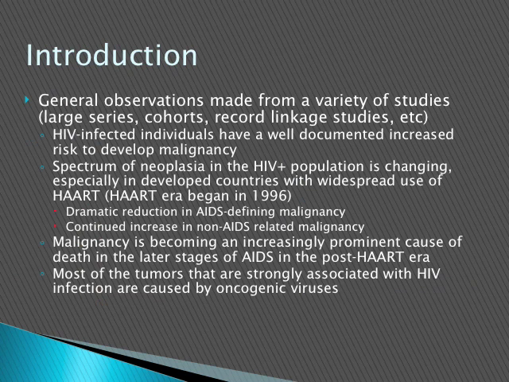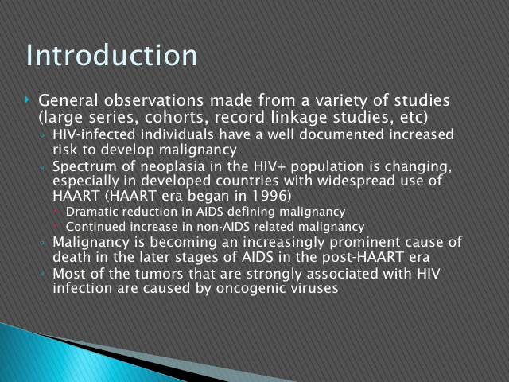So general observations we've been able to make from all of these studies. Well, number one, we know that HIV-infected individuals have a well-documented increased risk to develop malignancy. More importantly now is that the spectrum of cancer is changing, and that's thought to be because of the use of antiretroviral therapy. When I talk about the HAART era, that actually started in 1996 with the availability of protease inhibitors.